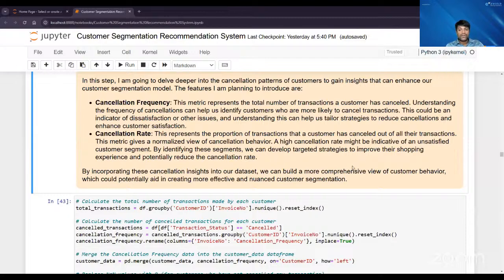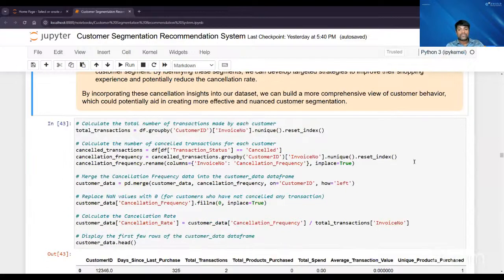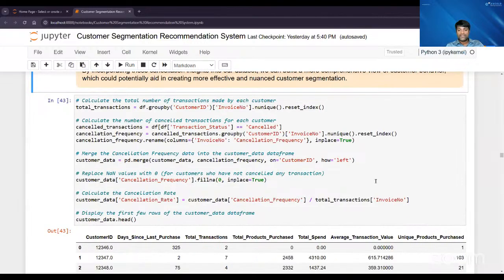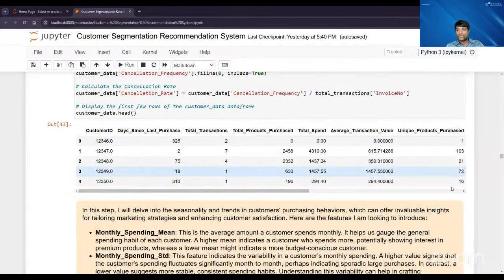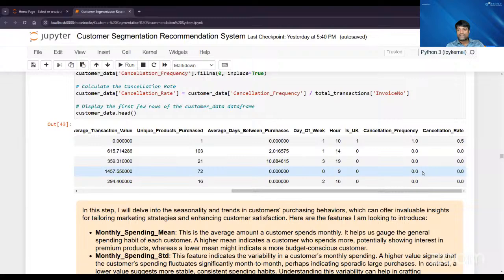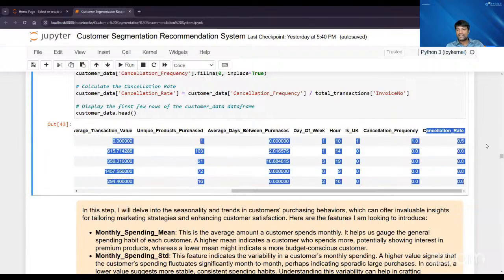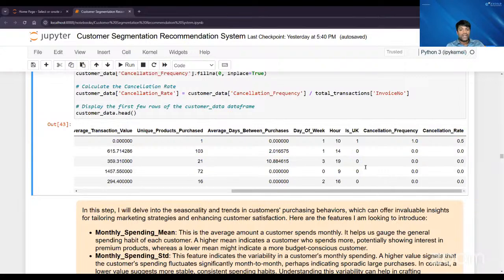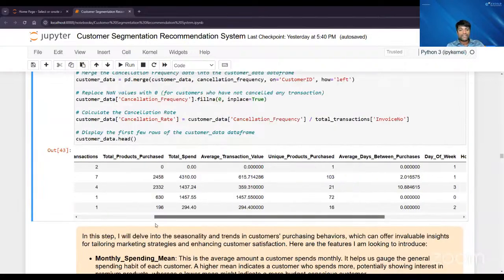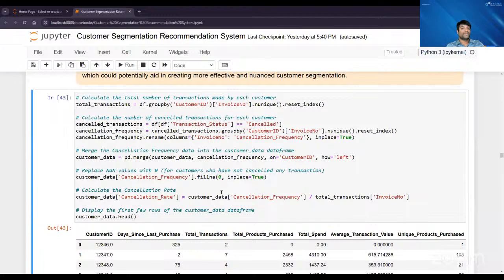Now let us go forward. In that process, let me show you what we are going to create: the cancellation frequency and the cancellation rate. To do that, for the coding part, we are going to identify the transaction status as cancelled.